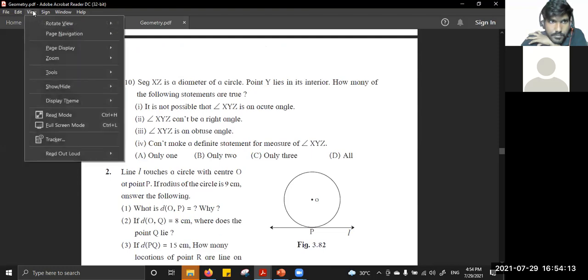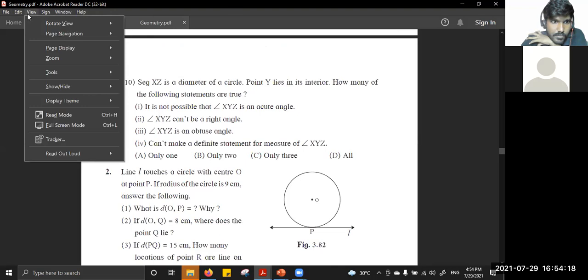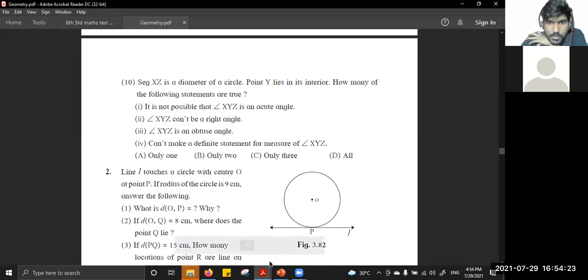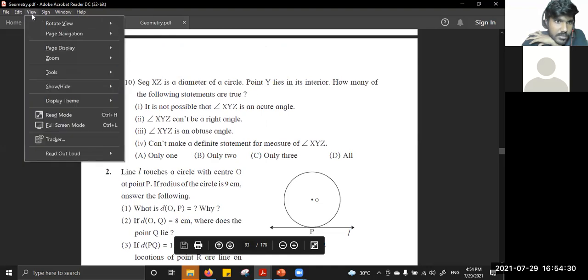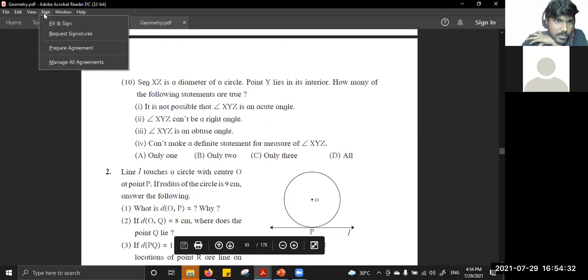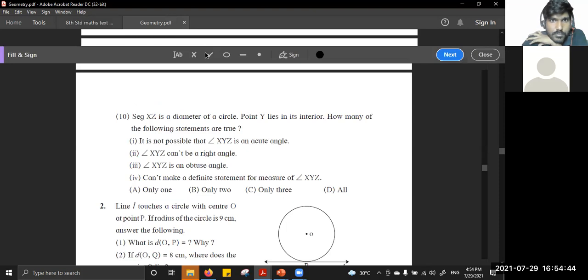Now, from question 1. No, first you have to write and then you have to save. Where is the highlight option? One minute.